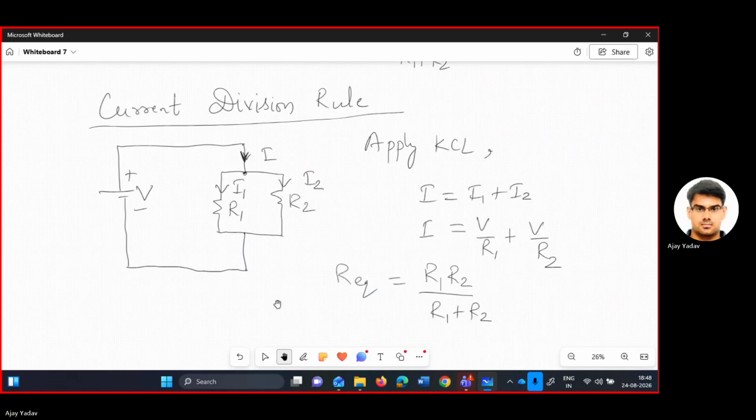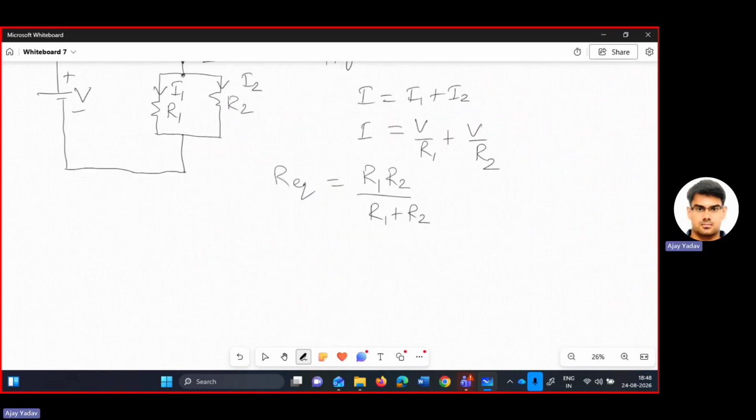Now, if I ask you what is I1? I1 is V by R1. And how can you calculate V? V is I into R equivalent.